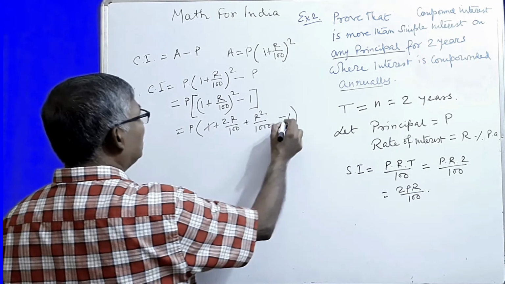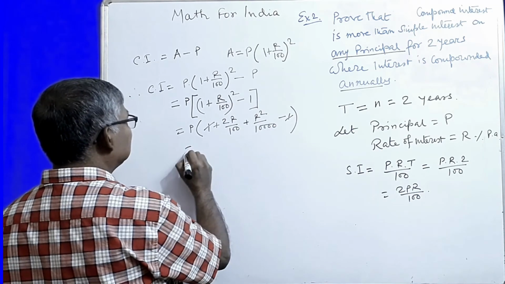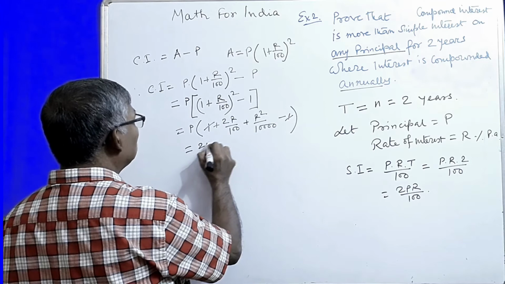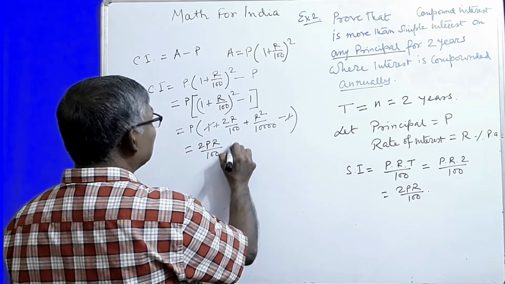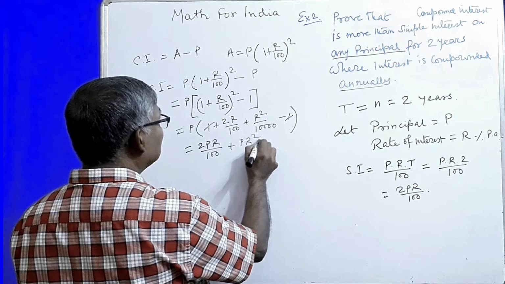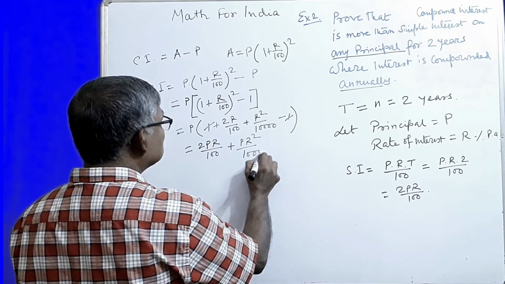Here 1 minus 1 cancelled, that is equal to 2PR by 100 plus PR square by 10,000.